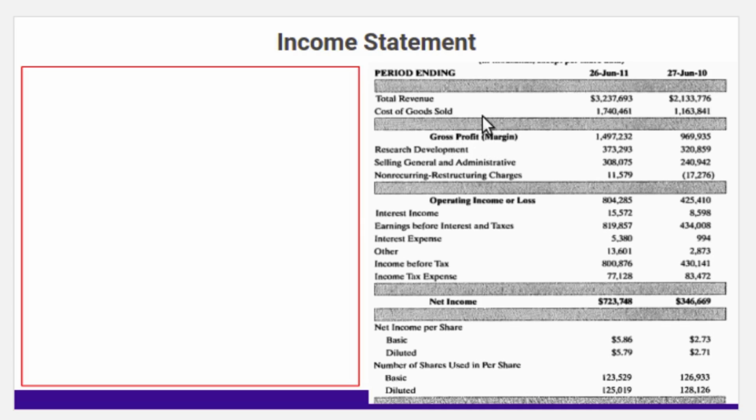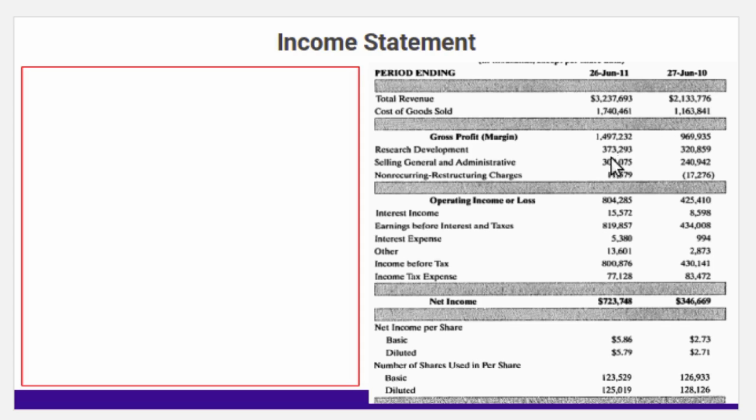Net sales were 3,237,693 dollars in 2011 compared with 2,133,776 dollars in 2010. There was a big gain of 52%.